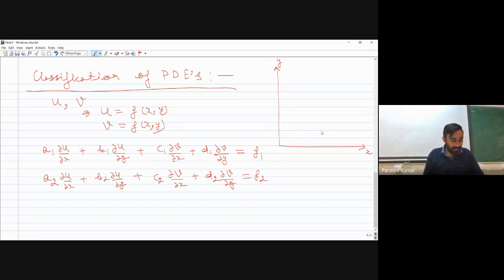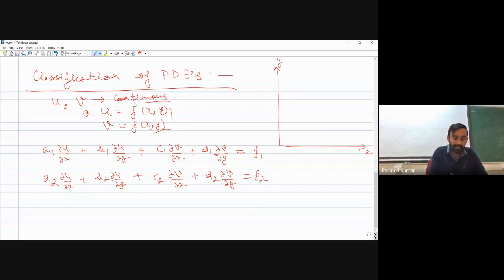Okay, so there are a few considerations here. We are considering that u and v are functions of x and y, and that u and v are continuous functions.